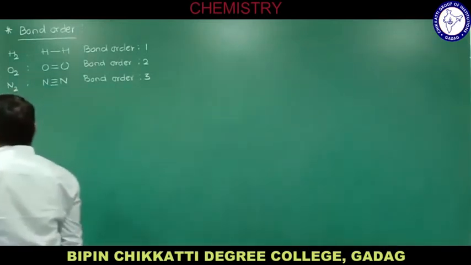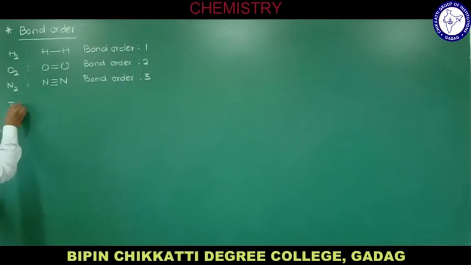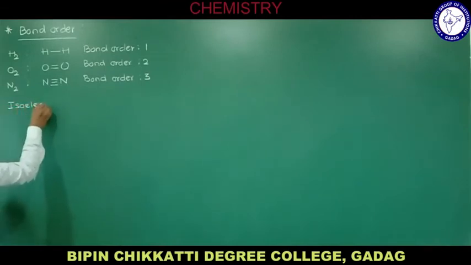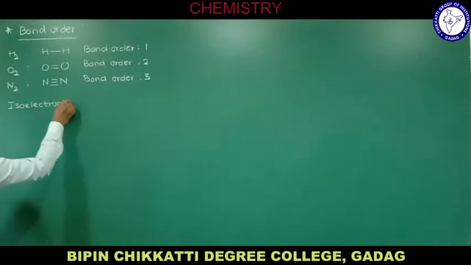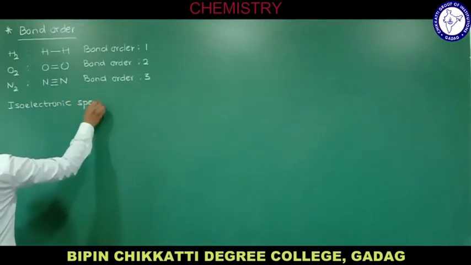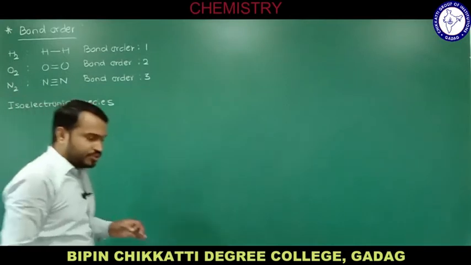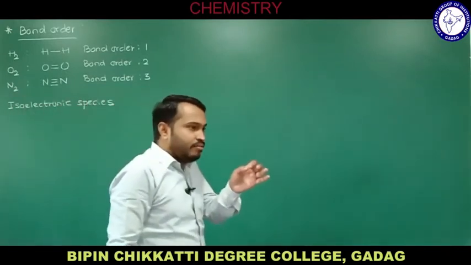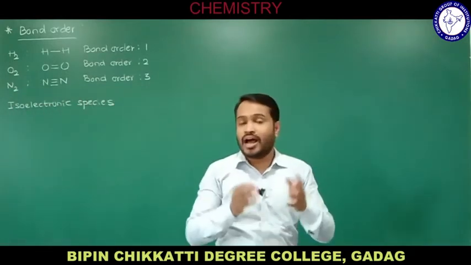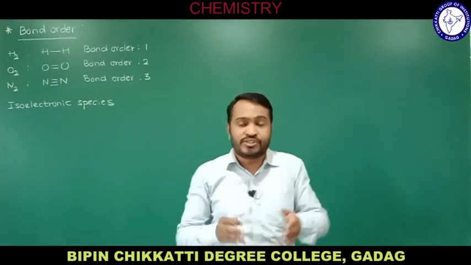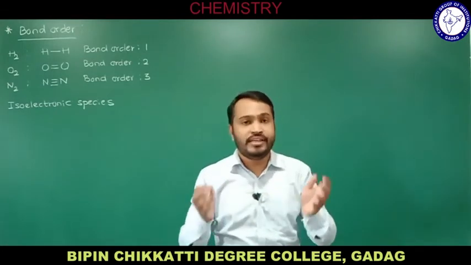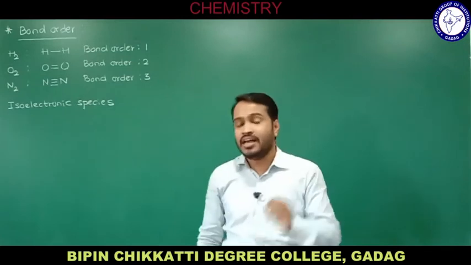Before moving on with that, we'll see one concept, that is isoelectronic species. Here I use the word species, meaning a particular atom or ion or molecule. Instead of saying atom, ion or molecule, in general I use the word species.